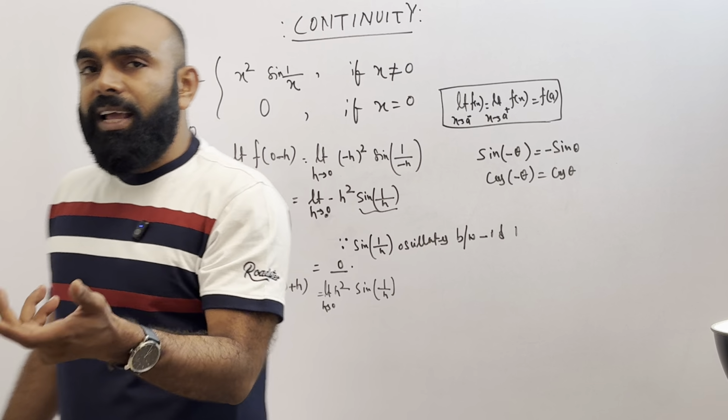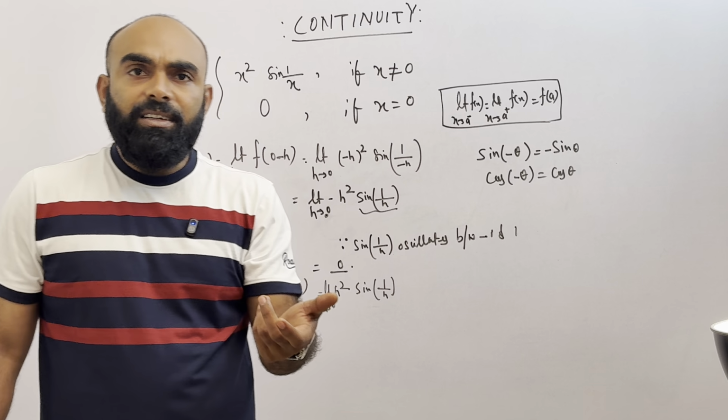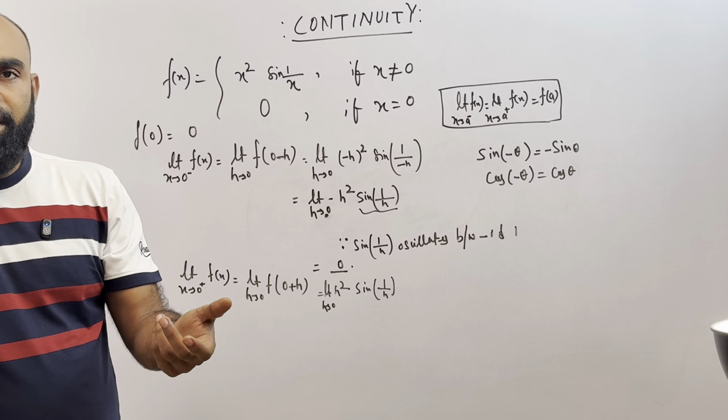This is not infinity or something undefined. So minus 1 to 1 into h tending to 0, and 0 into any number is 0 only. So again this value will be 0.